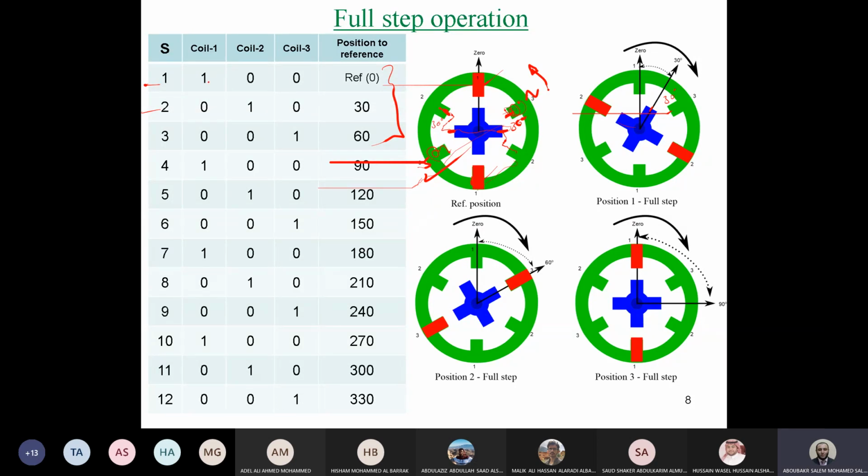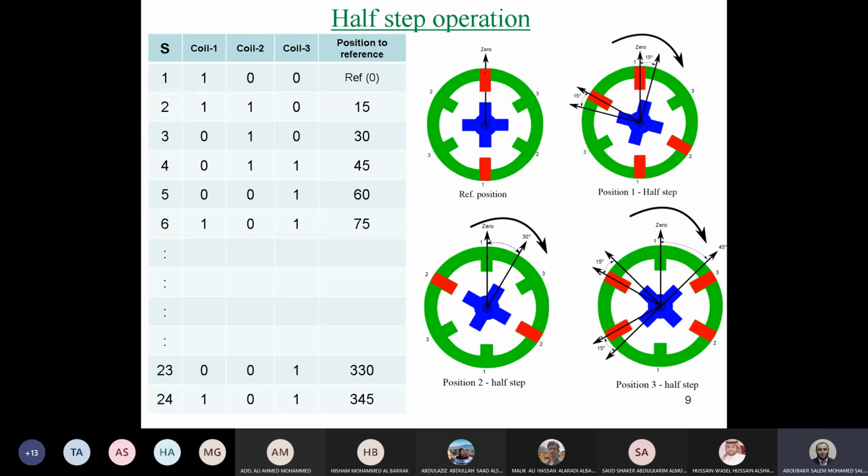OR gate means 1 or 1 equals 1, 0 or 1 equals 1, 0 or 0 equals 0. So in order to move our motor in half distance or half displacement of full step, you should apply this sequence 1 1 0.